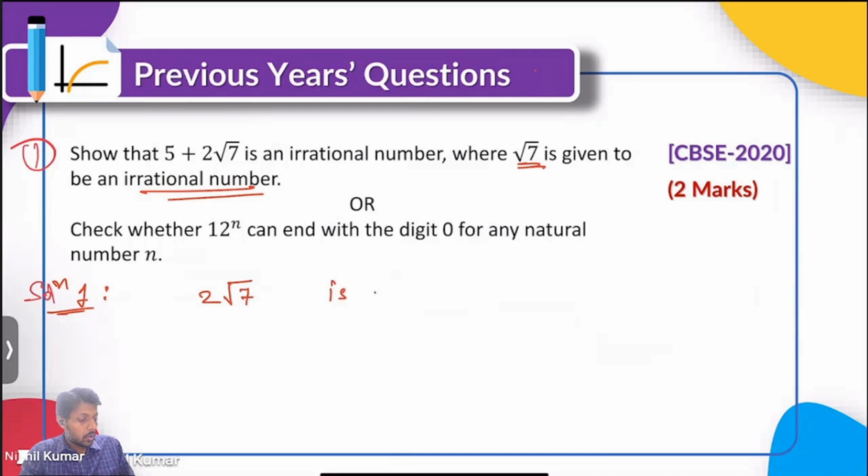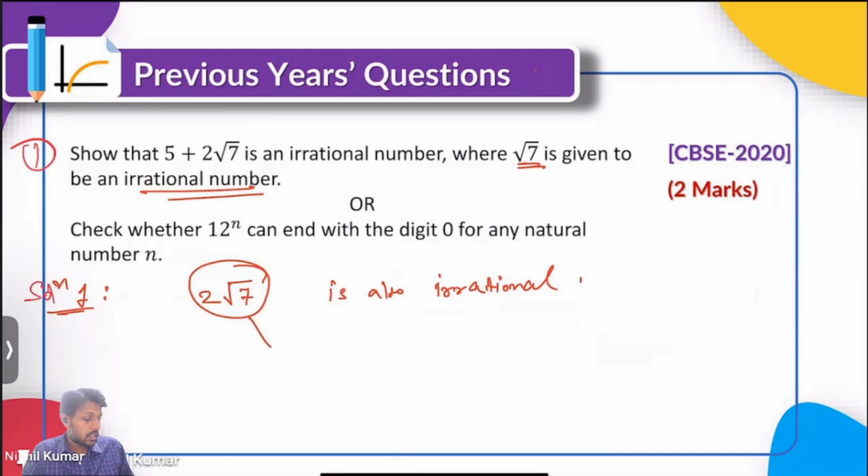This is also irrational. A non-zero integer, when it gets multiplied with an irrational number, results in an irrational number. You need to write this entire statement in your exam if you want to solve it by this method. Okay, all right, so this is irrational.